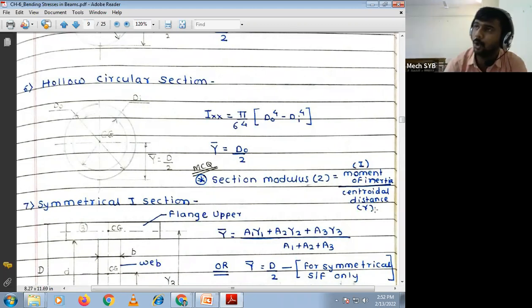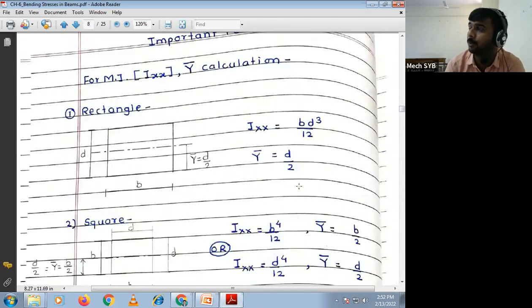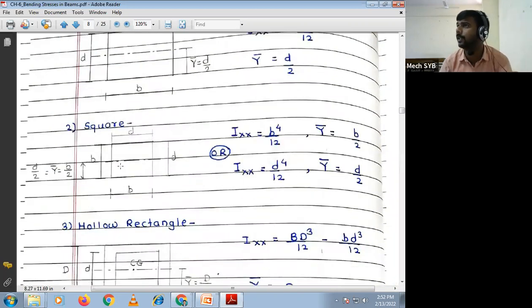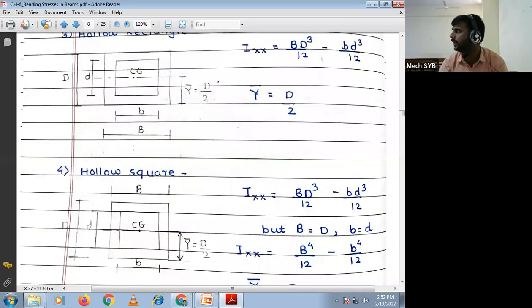Okay, so these are the commonly used sections, because sometimes your beam is also available in rectangular section, in square section. Beam is available in hollow section, but sometimes hollow section beam is not there in some of the applications, but in some mechanical applications, such hollow section beam will be there. But in civil construction, hollow beam आपण कधीच बघत नाही.